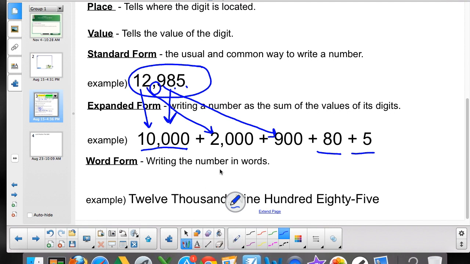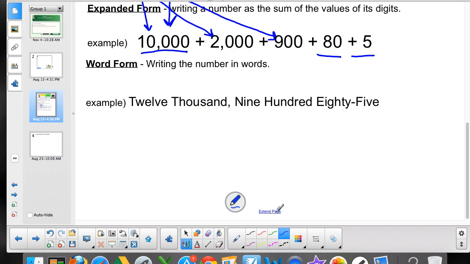When we talk about word form, we're writing the number in words. For example, if we look at the example of word form, 12,000 is separated again by a comma, 985.